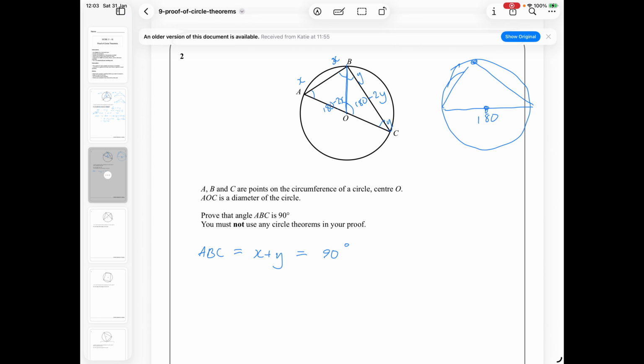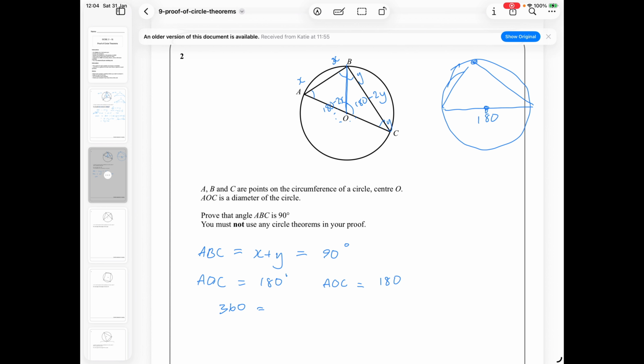More importantly, we know that AOC equals 180. Now I'm going to prove to you that AOC equals 180, and we're going to do it the same way. 360 is all the things around that point.